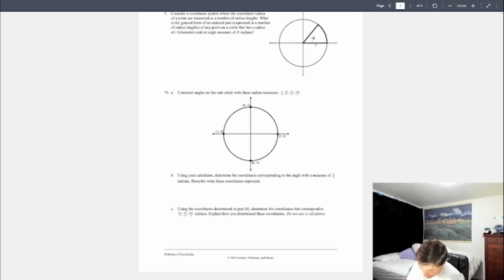Okay, so I would say, obviously, I have memorized the unit circle and know that pi over 6, 5 pi over 6, 7 pi over 6, and 11 pi over 6 form a rectangle.